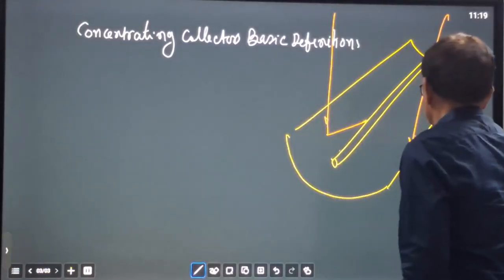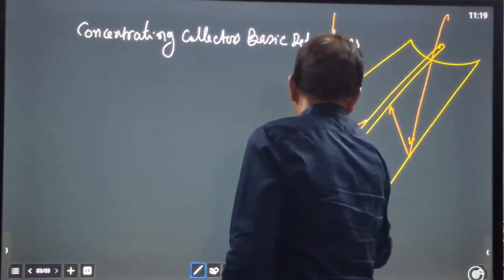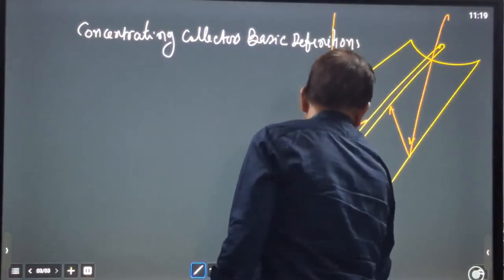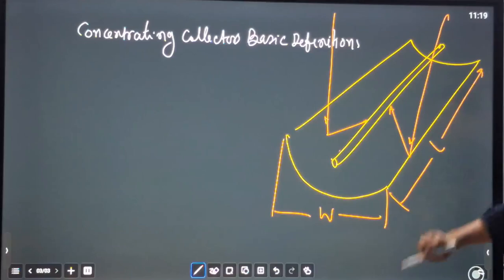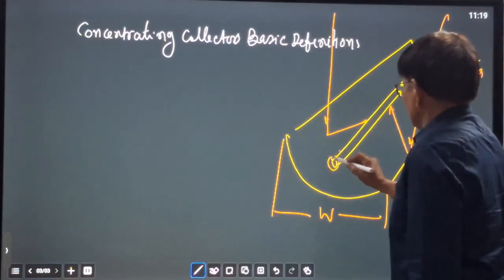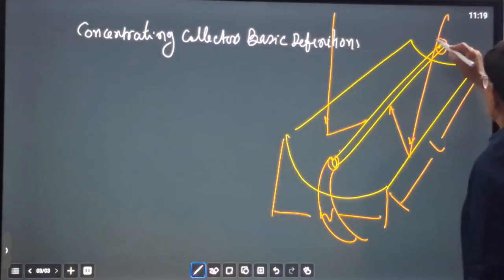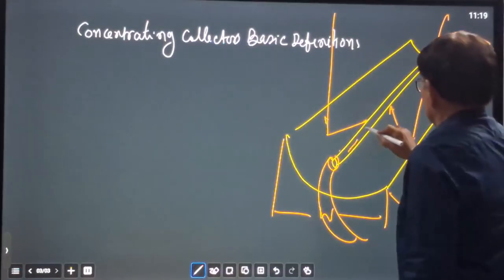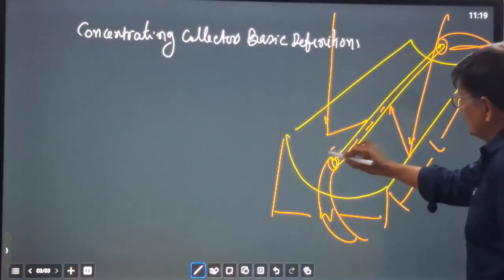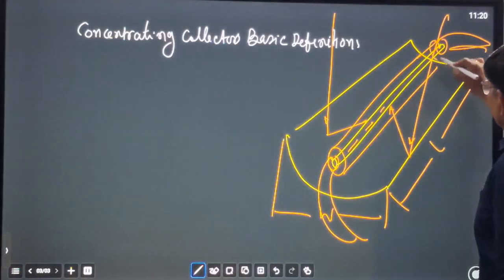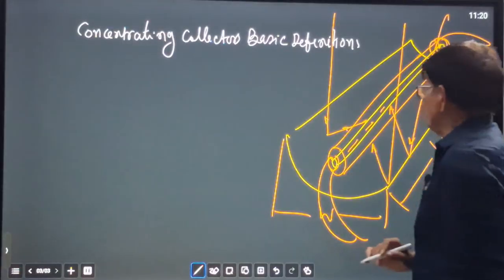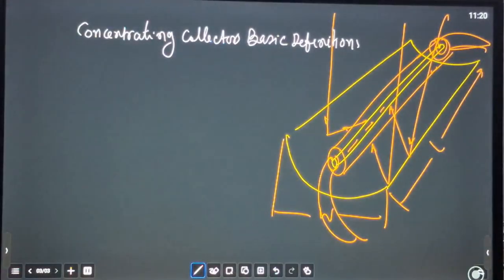The width of this collector is W and the length is L. This is a simple diagram of a parabolic cylindrical collector, and this is a tube through which fluid is flowing. We can also use a concentric tube.